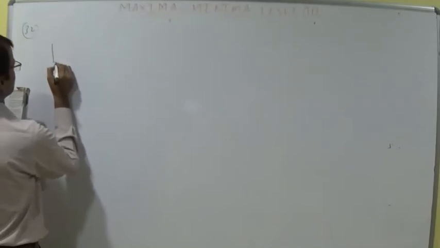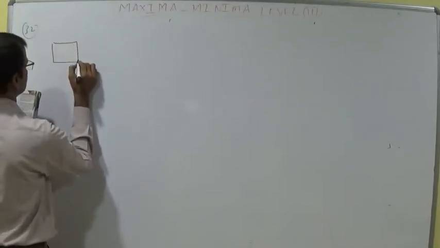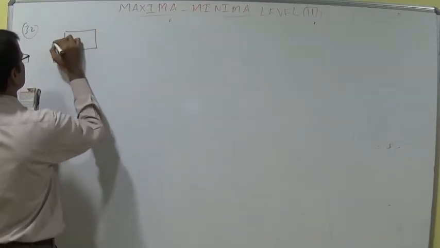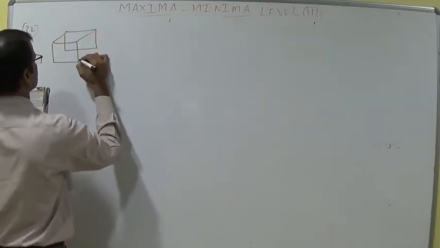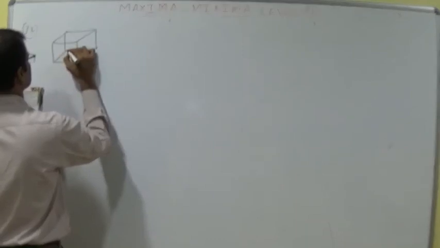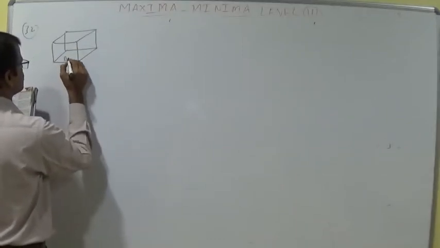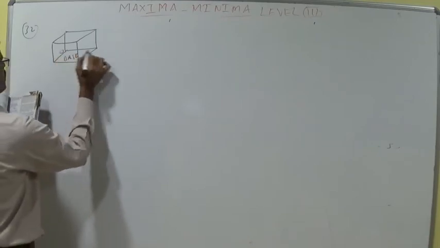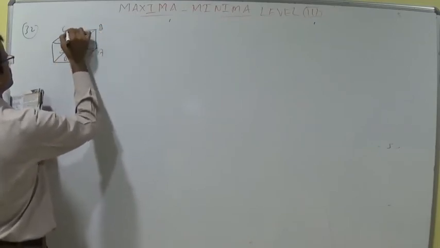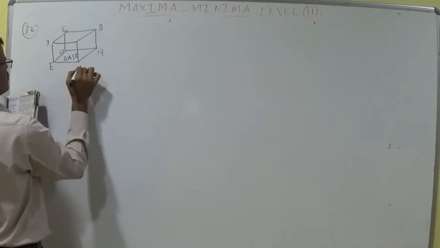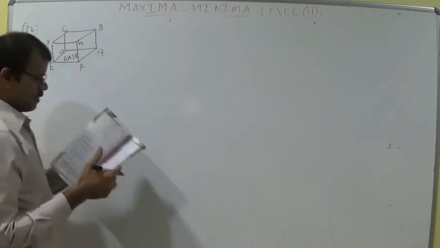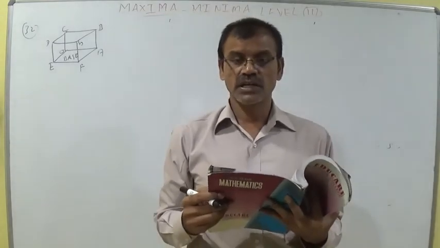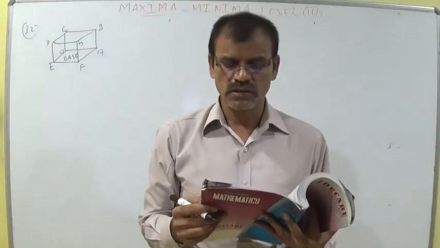Let us draw the diagram with the square base. So this is the base. Let us write the names O, A, B, C, D, E, F, G. An open tank is constructed with a square base and vertical sides to hold a given capacity of water.